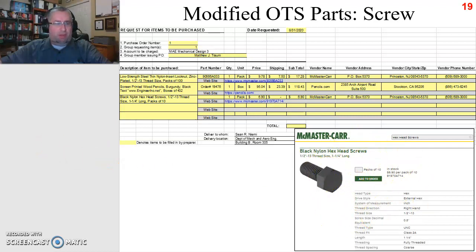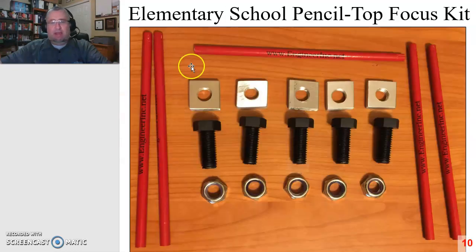I should mention, by the way, that these kits, the teachers, when they buy these, they would get 5 of these, right? And presumably they'd hand 1 to every student. And if you had a class of 25, you'd buy 5 kits. 5 times 5 gets you 25.